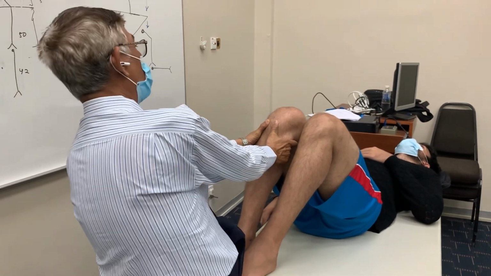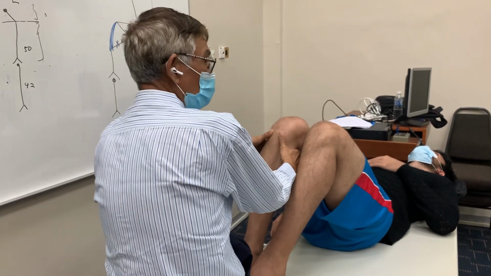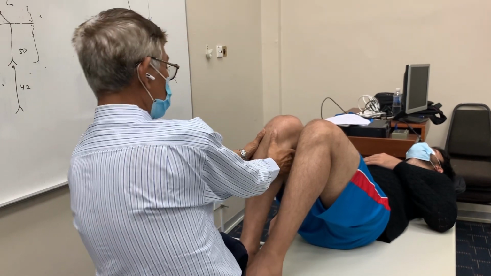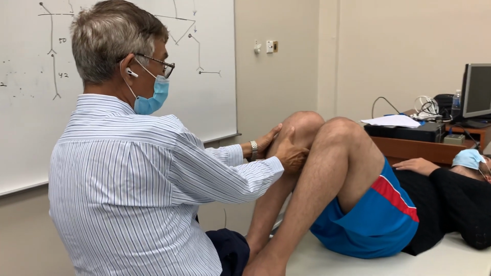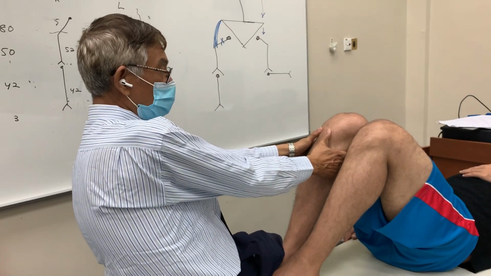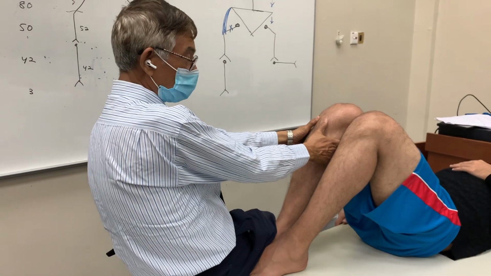You draw with the body weight. Sustained, not a jerking action. Sustained action, you draw. And then you will feel. If the tibia is going forward, this is called a positive anterior drawer test.